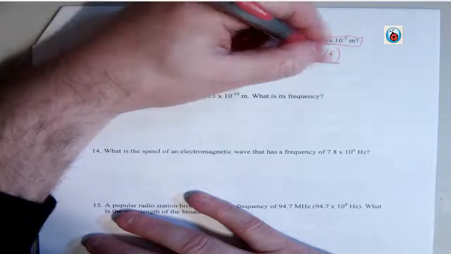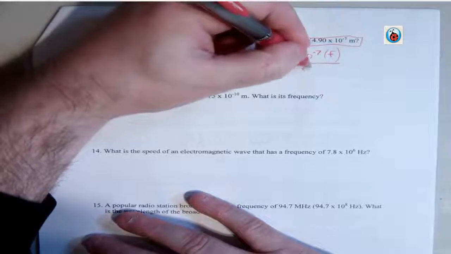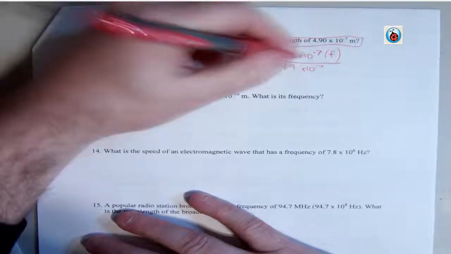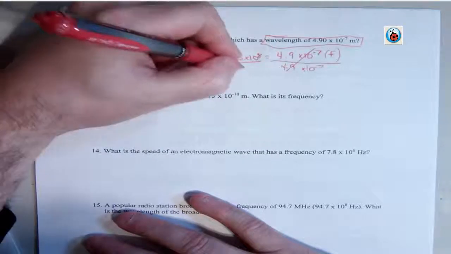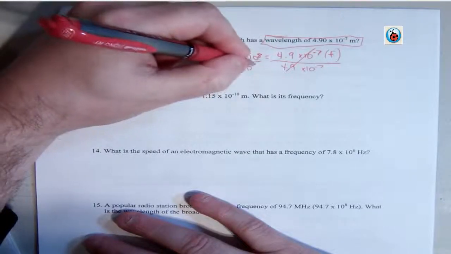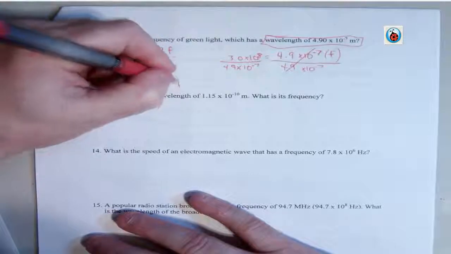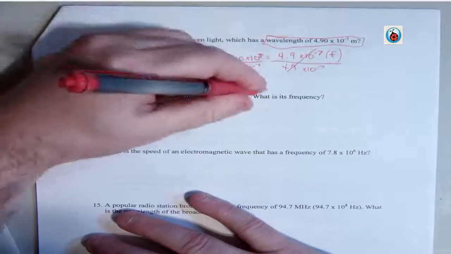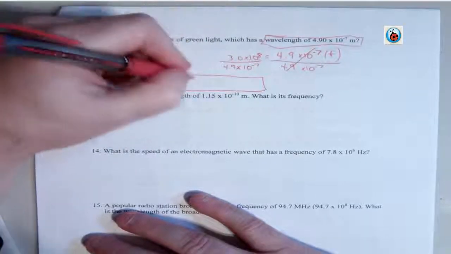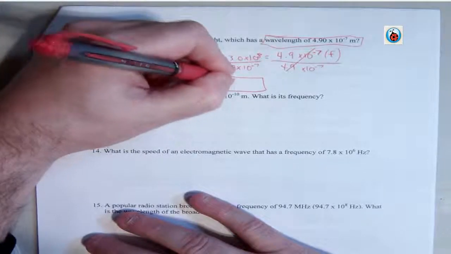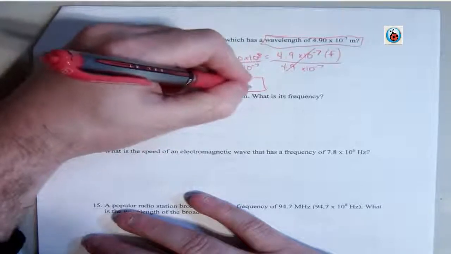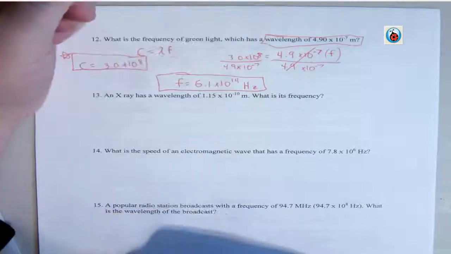You got to divide this out. 4.9 times 10 to the minus 7. Cancel. 4.9 times 10 to the minus 7. And then, which means our frequency is, hopefully you guys calculated this, about 6.1 times 10 to the 14, and then frequency is in hertz, just as an FYI, right?